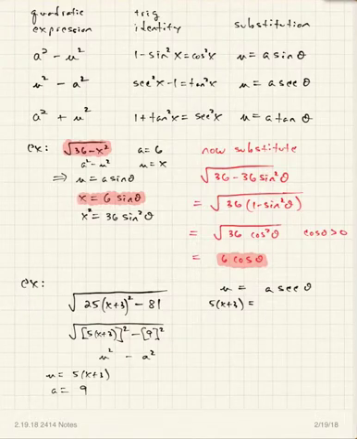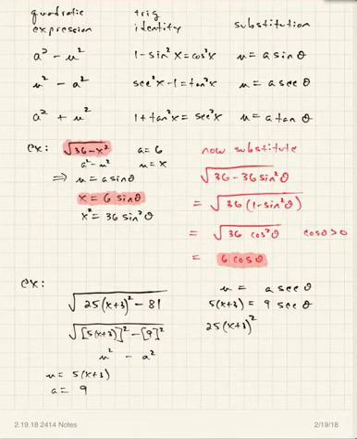That's going to be our substitution. So we'd have 5 times x plus 3 is going to be equal to 9 secant theta. And then when you square that expression, you'd have 25 times x plus 3 squared is equal to 81 secant squared theta.